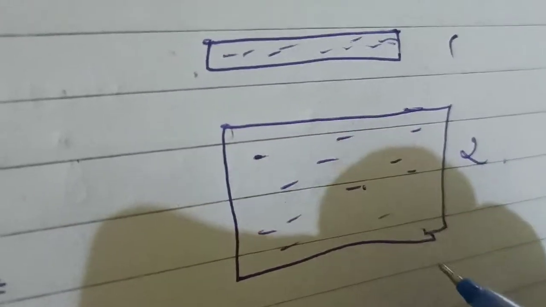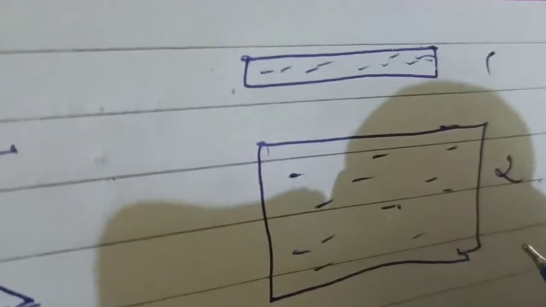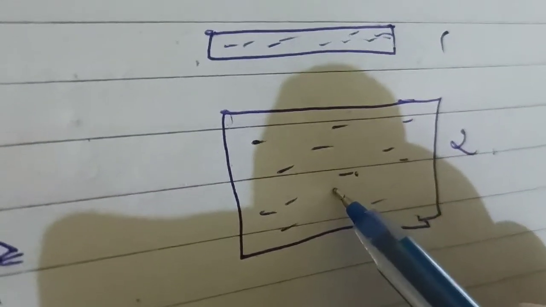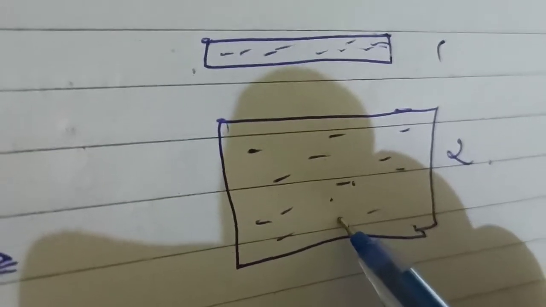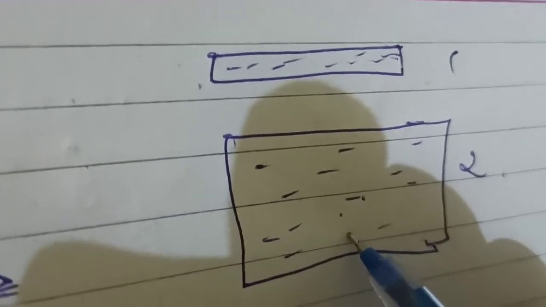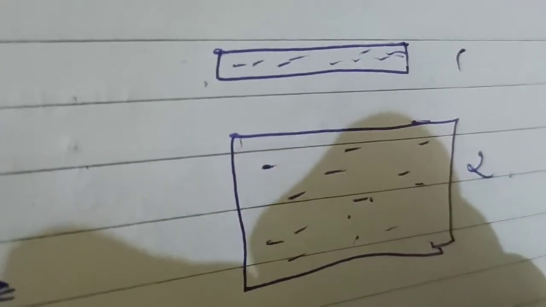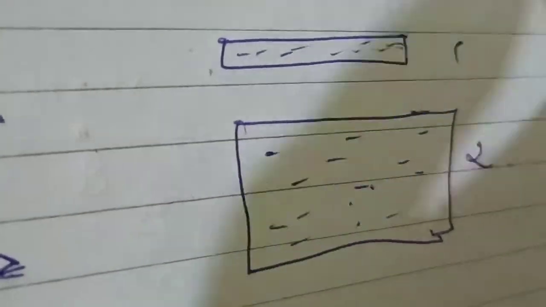Since the space increases, the collision decreases, because they cannot collide with each other. Since collision decreases, the resistance decreases. So if I increase the cross sectional area, collision decreases and resistance decreases.